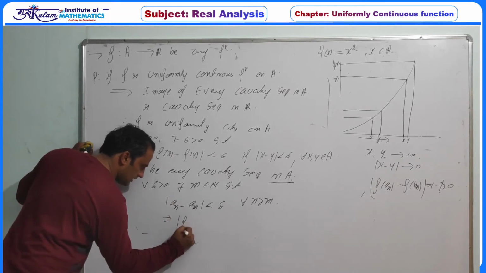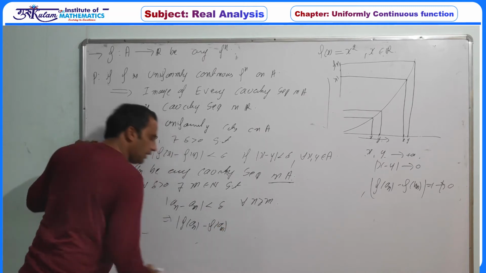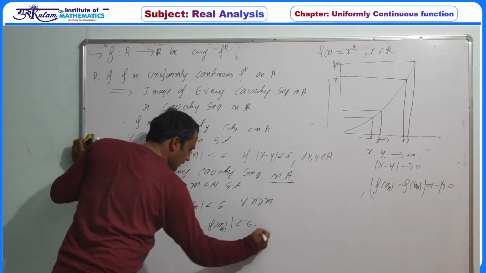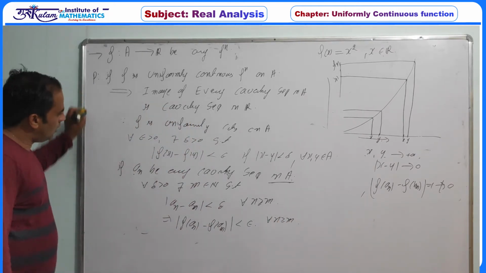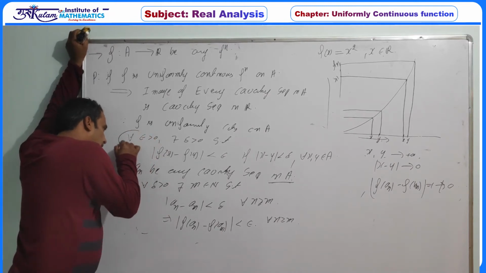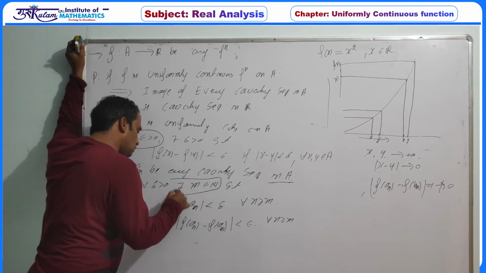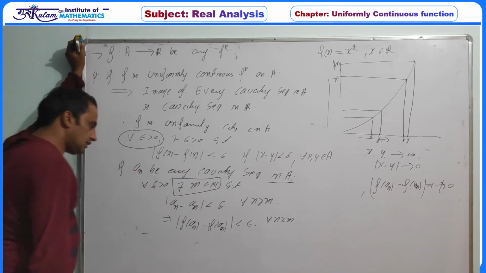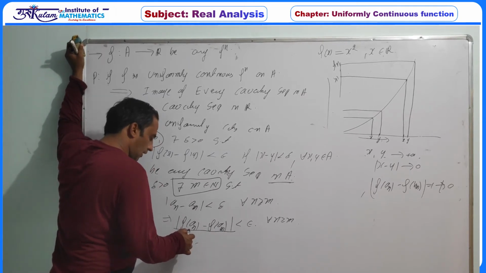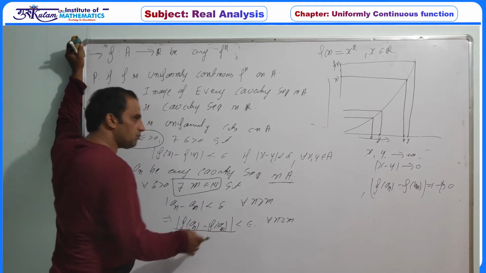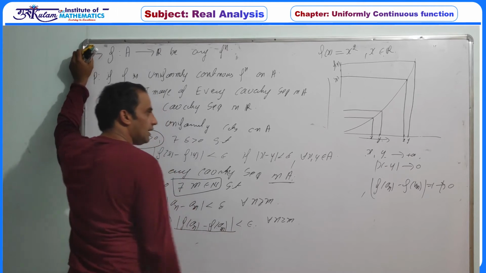So this implies the distance between f of AN and f of AM is less than epsilon for all n, m greater than or equal to N. So what we have proved is that for every epsilon greater than 0 there exists N belongs to the natural numbers such that the distance between f of AN and f of AM is less than epsilon.